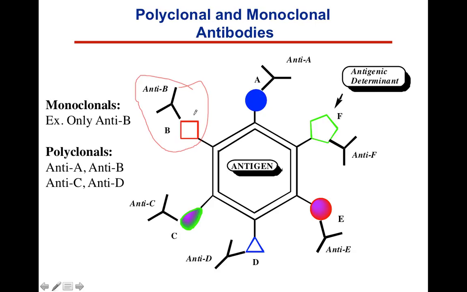So if I had 1,000,000 antibodies in that test tube, all 1,000,000 antibodies in the test tube would be exactly the same.